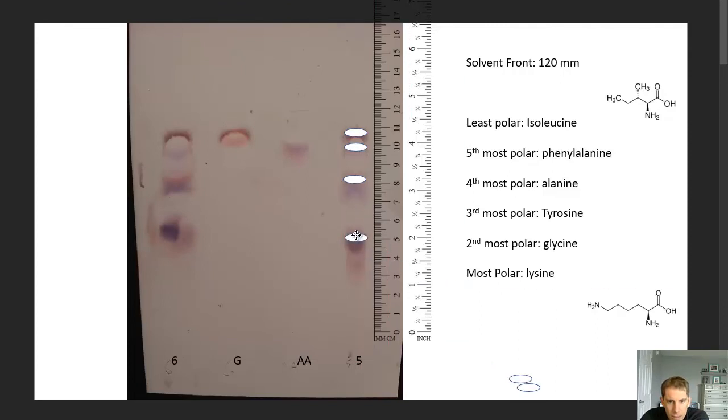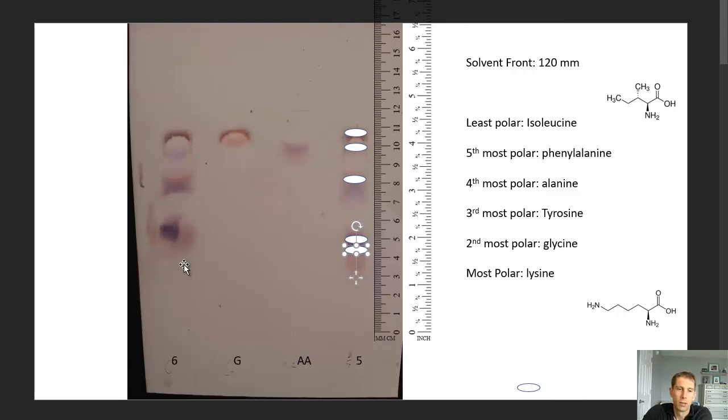So glycine is here, and lysine is right underneath that. It looks like the drag didn't show up very well for where we had our 6 amino acids. I'm not sure why that happened. It looks like solvent splashed on the plate, but from what I saw, that definitely didn't happen from the way that we ran it. It's possible that it dragged a little bit more in that area on the glass.